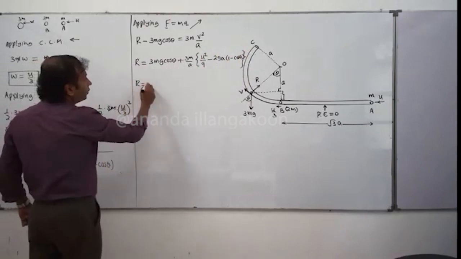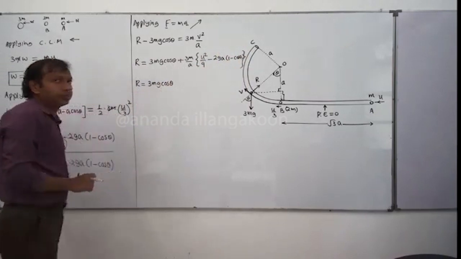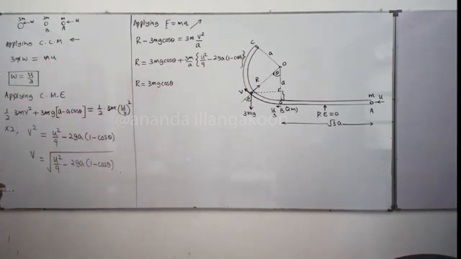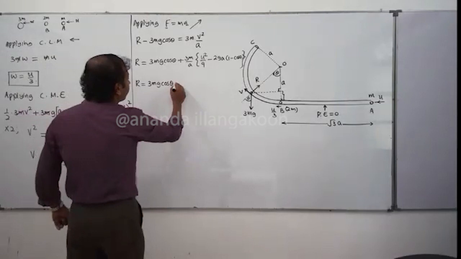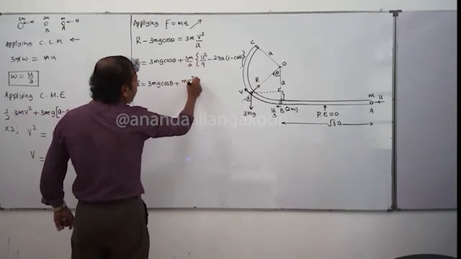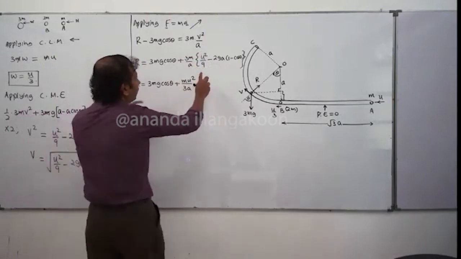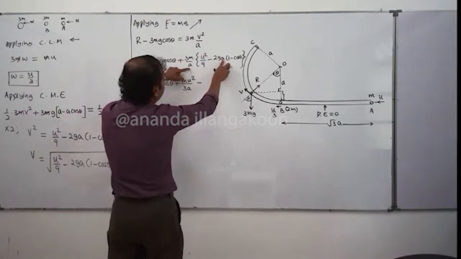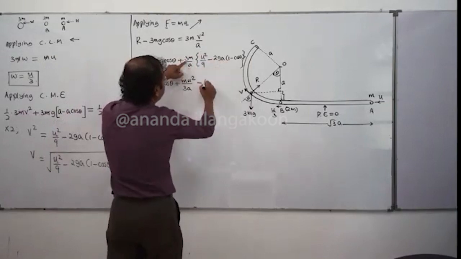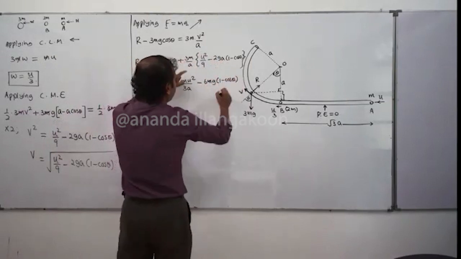R equals 3mg cos theta, plus: multiply this and this, the 3 and this 9 you can cancel down, mu squared divided by 3a, minus: here a and a you can cancel down, 6mg times 1 minus cos theta.